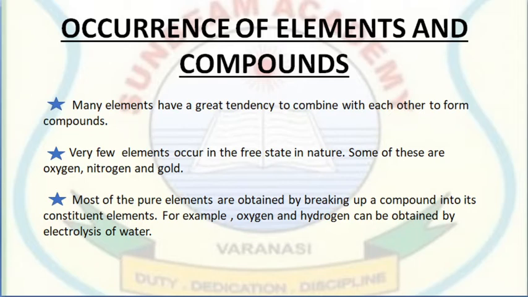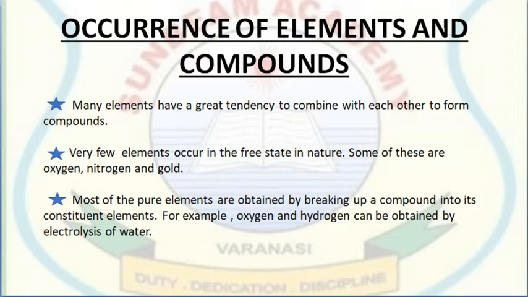Now the topic is occurrence of elements and compounds. Many elements have a great tendency to combine with each other to form compounds. Children, here you have to know that, as I have told, there are about 118 elements in total.